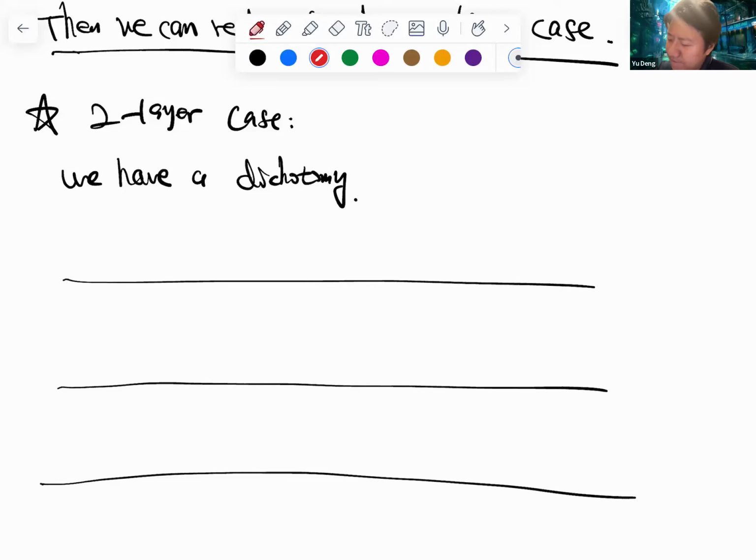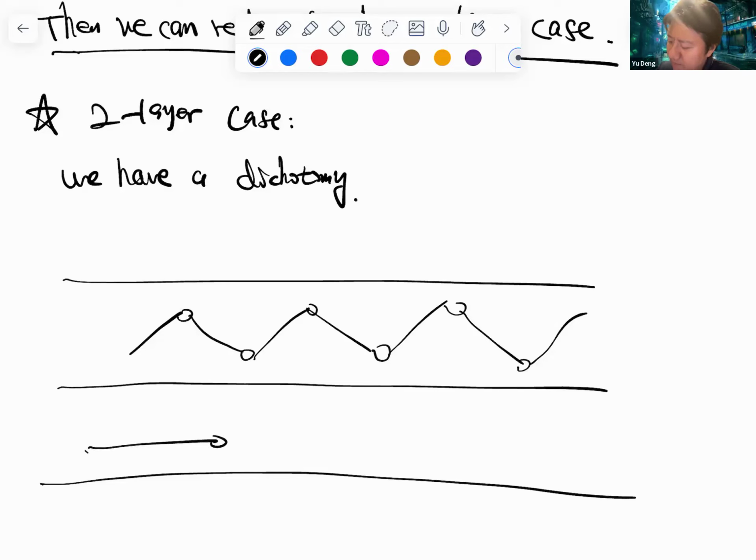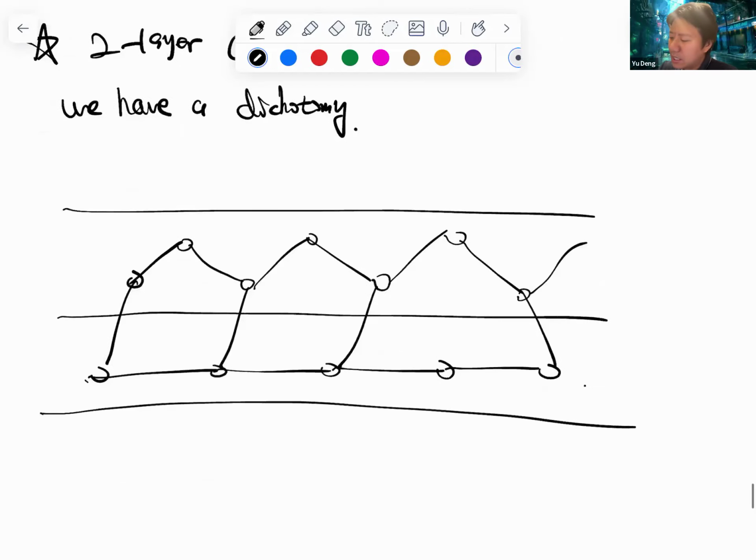In the upper layer we have a tree, and in the bottom layer we have a tree or a forest, and then we have these connections which correspond to the recollisions and so on. So imagine we have this picture.